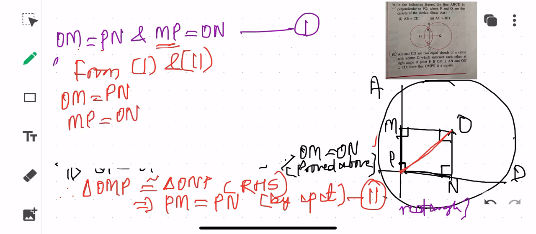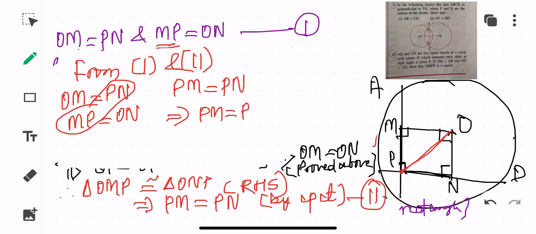Further, what I am getting? I am getting that PM is equal to PN. If these two are also equal, it means what? This implies that all the sides are equal. So you can write, this implies PM is equal to PN is equal to ON is equal to OM.